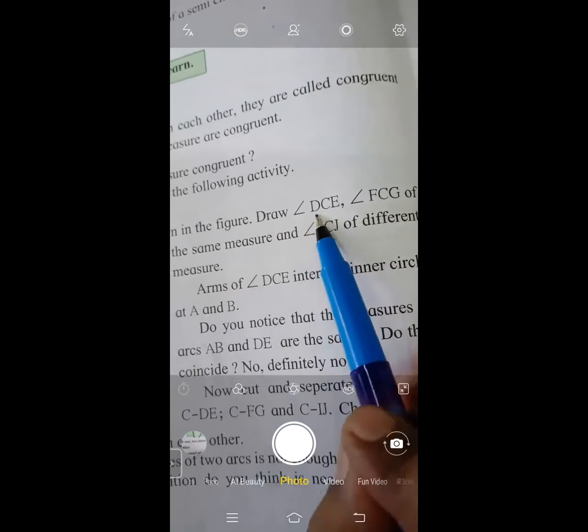We will see angle DCE and FCG. So this is DCE and FCG: 70 degrees, 70 degrees. Both the measures are written. The measure of angle ICJ is different.